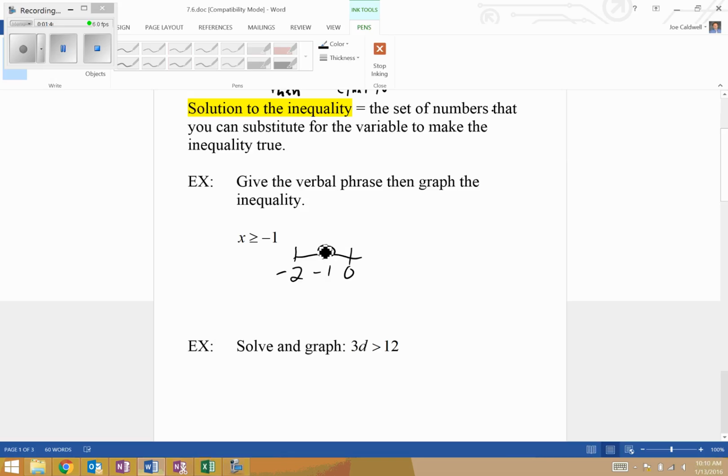So what numbers would be greater than -1? Well, it'd be any numbers this way. Anything this way of -1 would be greater than. Because it also is allowed to equal, we're going to fill it in. A filled in circle indicates equal to.